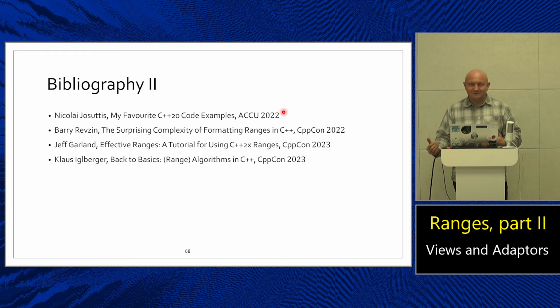Then the ranges algorithms talk in the back-to-basics session from Klaus Iglberger. It is very interesting to see ranges in a back-to-basics session, because I believe ranges are not basics in our language, but Klaus Iglberger gave a really interesting talk, and of course all other talks in this bibliography.